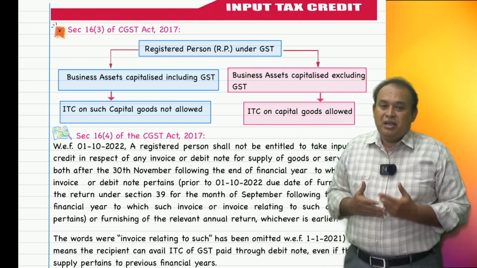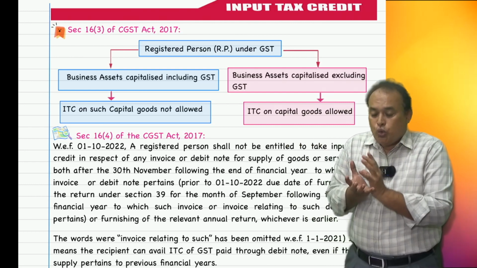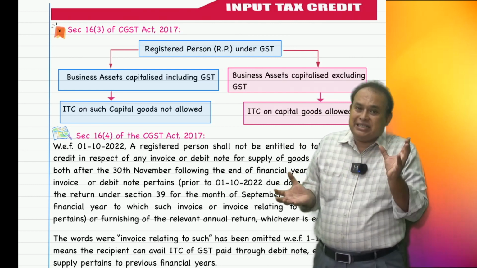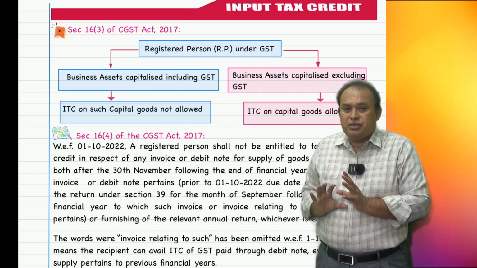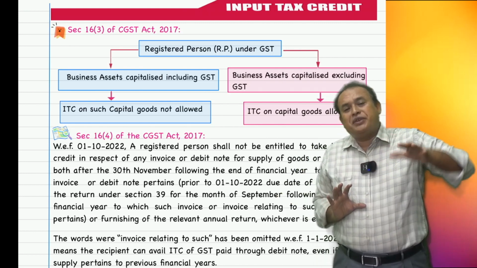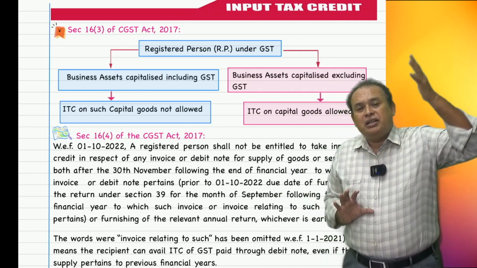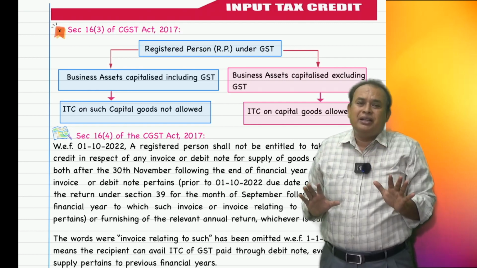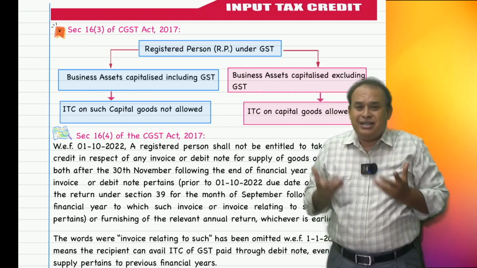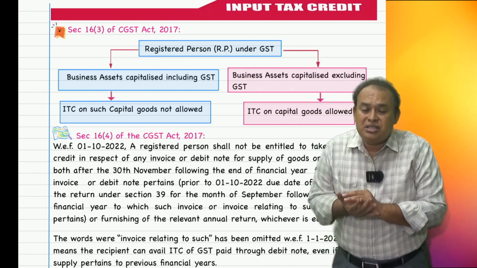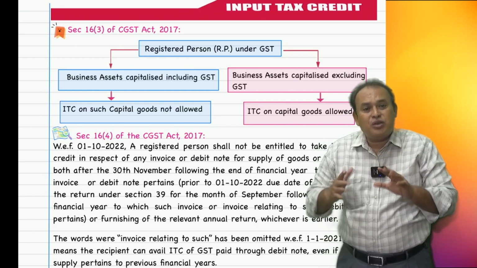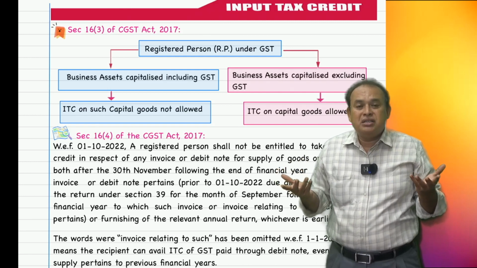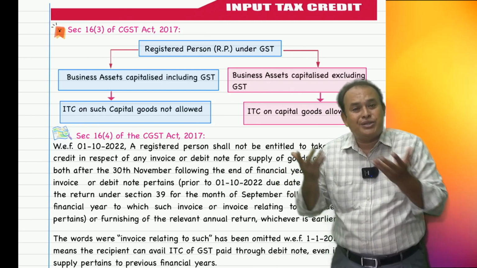But if I have a huge amount of input tax credit on capital goods, and my finished goods are exported, the credit on capital goods is allowed as a credit only. Capital goods credit never qualifies for refund because capital goods are not going outside India.